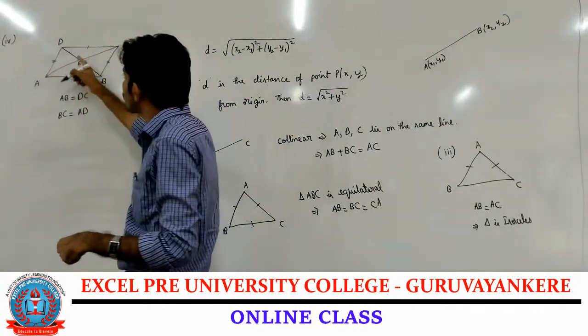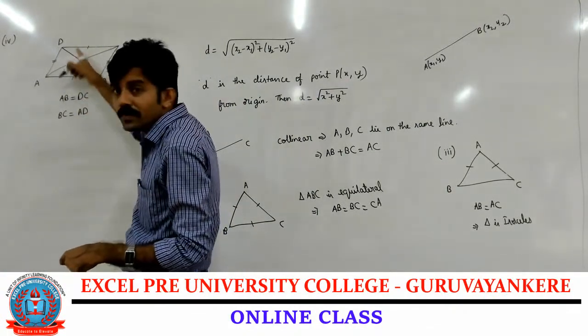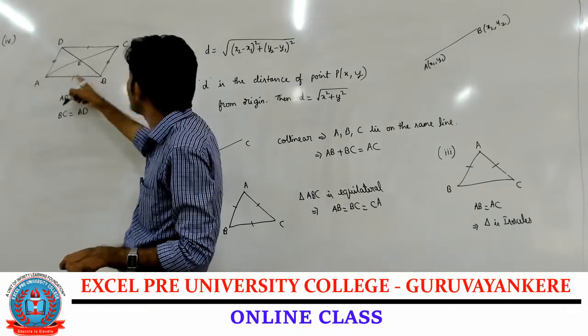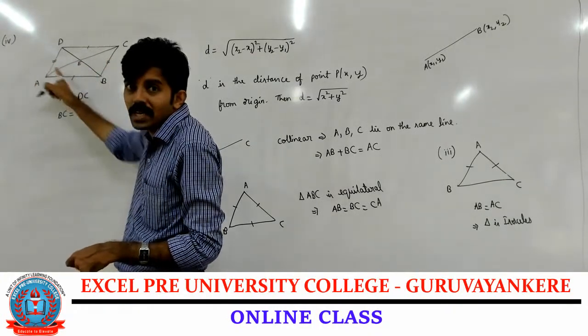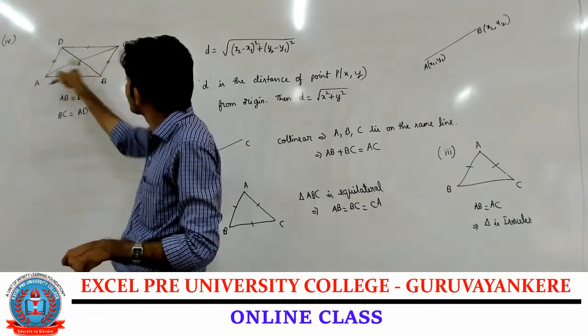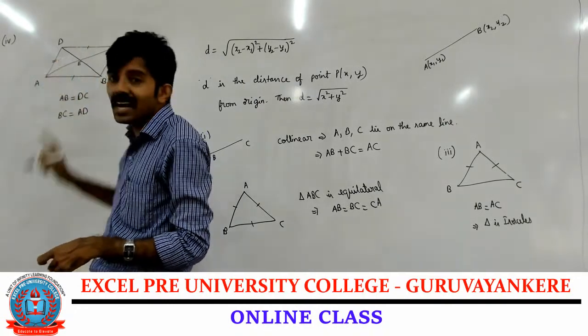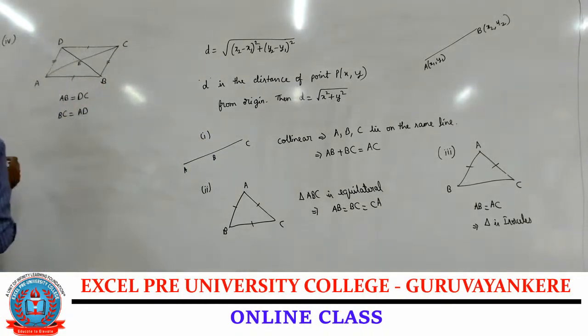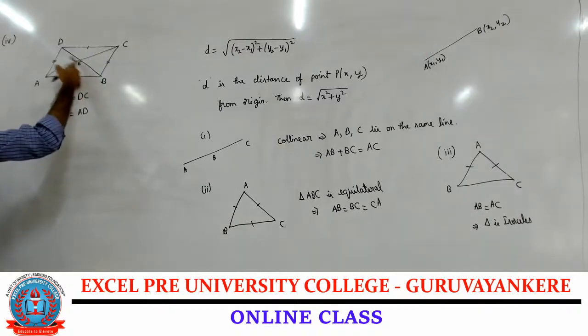Opposite sides are equal: AB is equal to DC, BC is equal to AD. Opposite sides are parallel and equal, right? And also diagonals bisect each other.